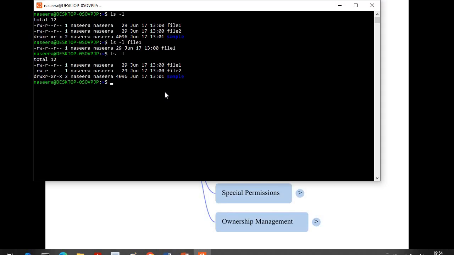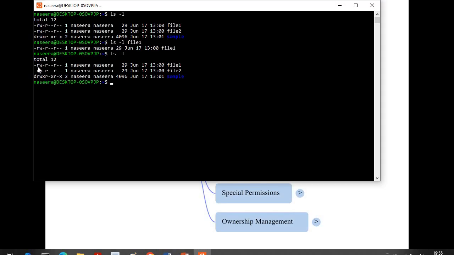The structure of file permissions indicates what type of file it is or what kind of permission it has. The first character hyphen indicates it is a file. Character D indicates it is a directory.